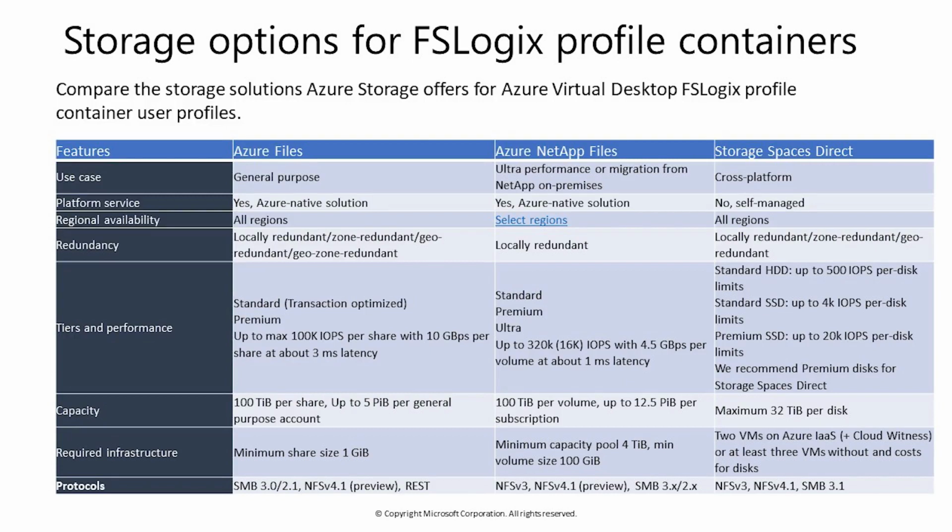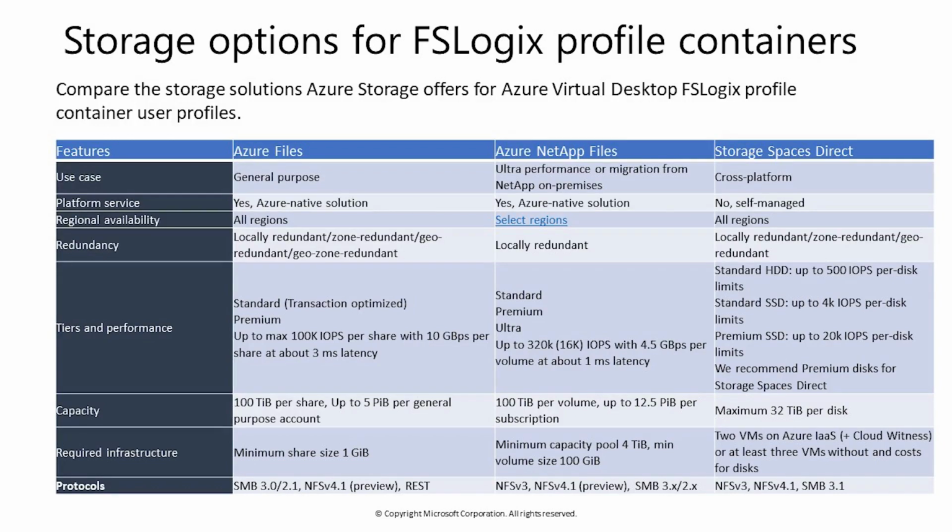So you can think about Storage Spaces Direct, talk about Azure Files, talk about Azure NetApp Files. Now here, what is to be taken care of is the compatibility features as well as the use case.